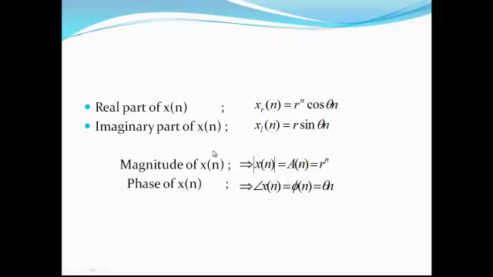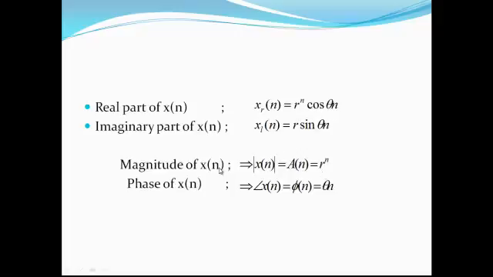Fine. Now the magnitude of xn, that is the modulus of xn, that is An, what is that? That is r^n. This is the magnitude of xn. Now the phase, that is the angle of xn, is phi n, but instead of phi here it is theta. So you will have theta n. Clear?